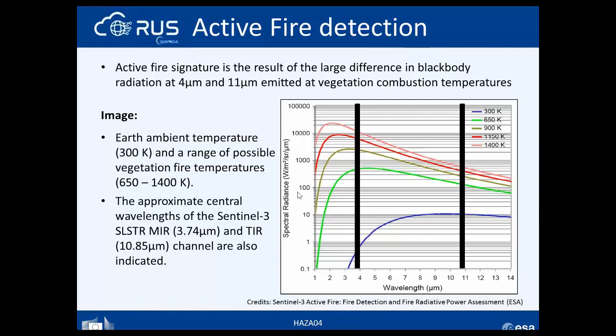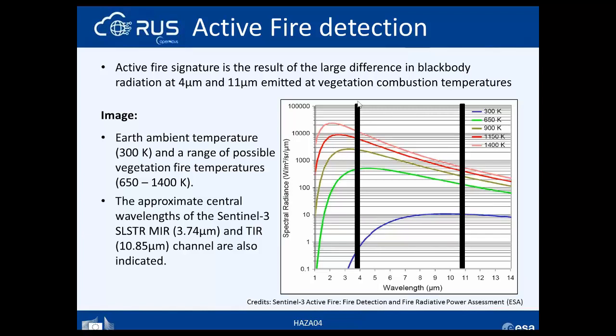So we can actually see this on the graph here. So this blue line represents the ambient temperature of Earth, which is approximately around 300 Kelvin. And then the other ones represent the possible range of subpixel vegetation fire temperatures.